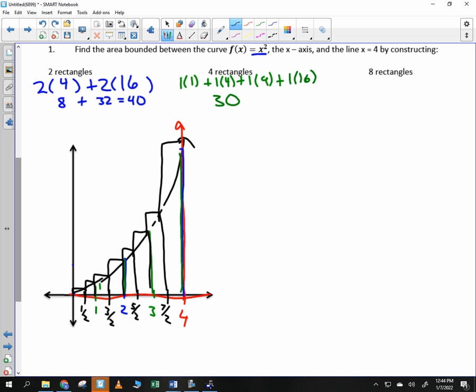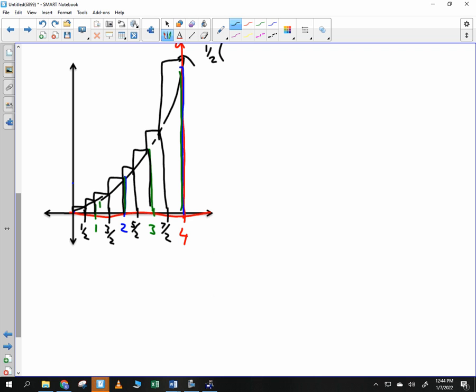So, watch me try to save some work for myself. For 8 rectangles, I have the width of 1/2, right? Times, how do I produce the height of the first rectangle? How do I produce the height of this very first rectangle? Take 1/2 and you square it.